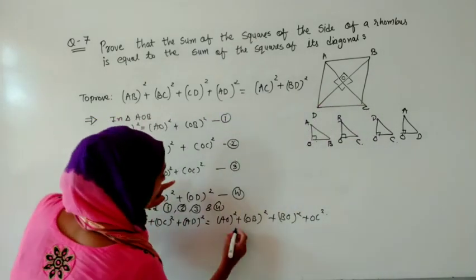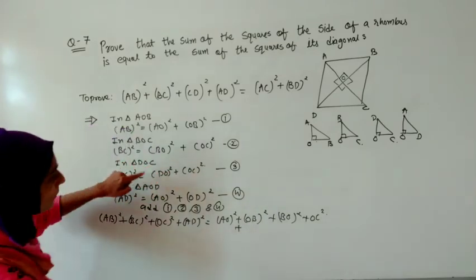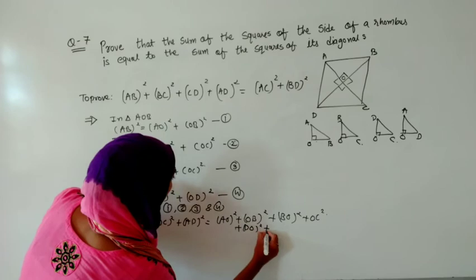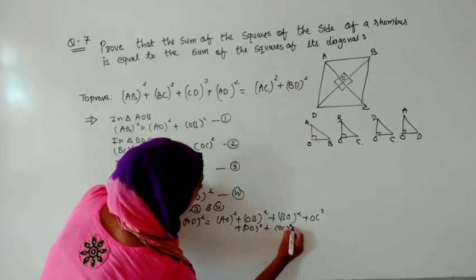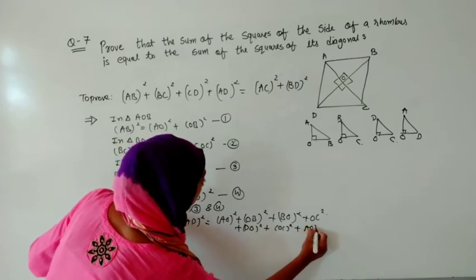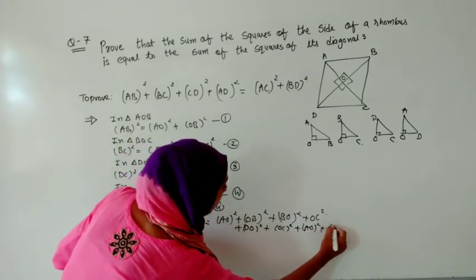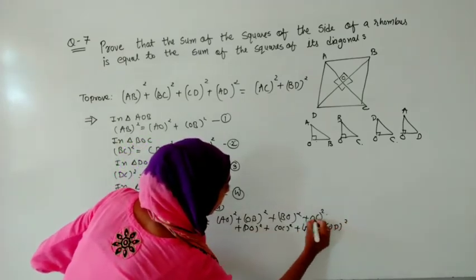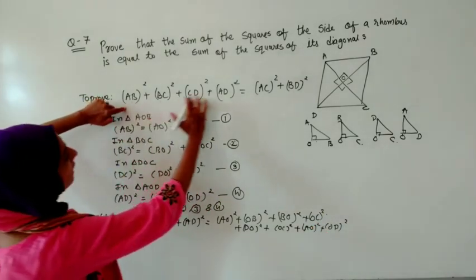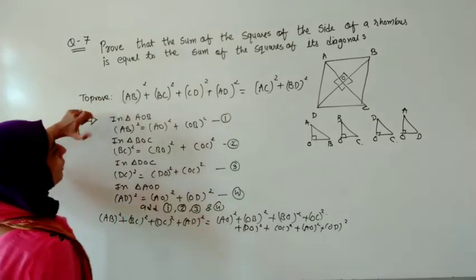I am adding over here because of space. Here I will write BO square plus OC square plus AO square plus OD square. Right? If you are adding, here we can see, we got our total on this side. Right? We got the left hand side.